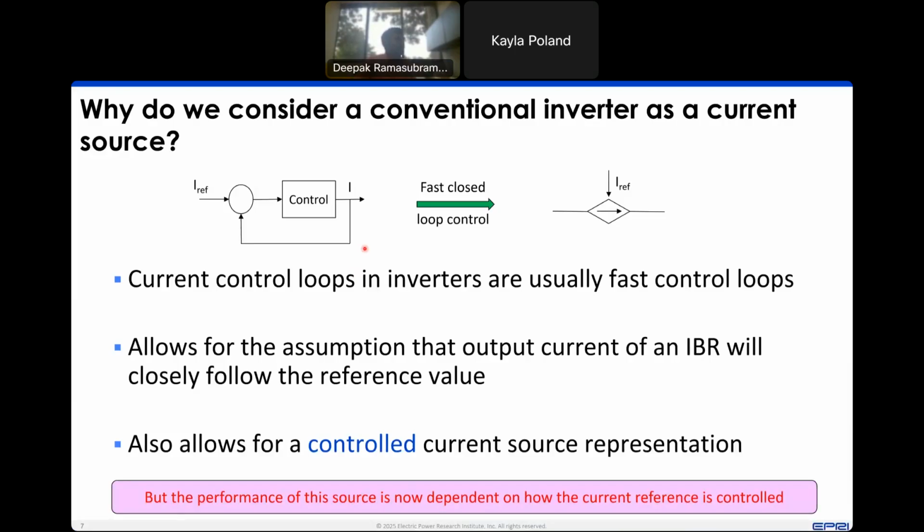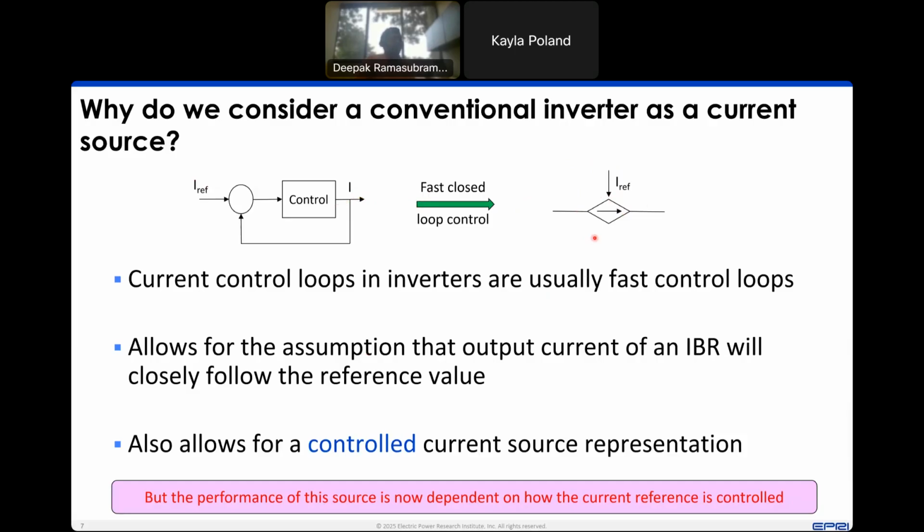The reason is that it has a fast current control loop that tries to ensure that a given current reference is injected into the grid, and that happens in a very fast manner, which means that we can assume that an inverter-based resource is a controlled current source. And the assumption is that the current injected into the network is going to closely follow the reference command that is being generated.